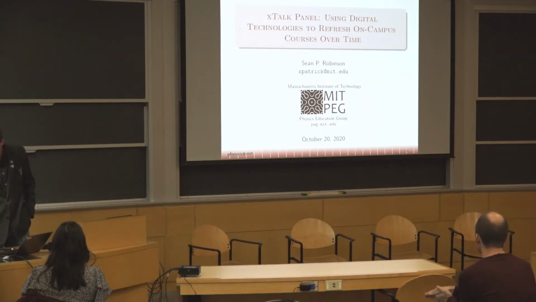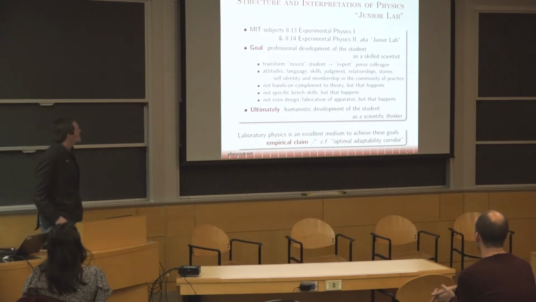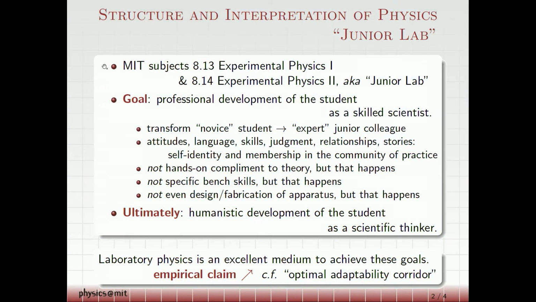So first, for context, I should talk about the class itself, because I'm sure not everybody has the physics department's curriculum memorized. Junior Lab, as the name implies, is a course usually taken by third-year physics majors. It's a 2-semester sequence, course 8.13 and 8.14.